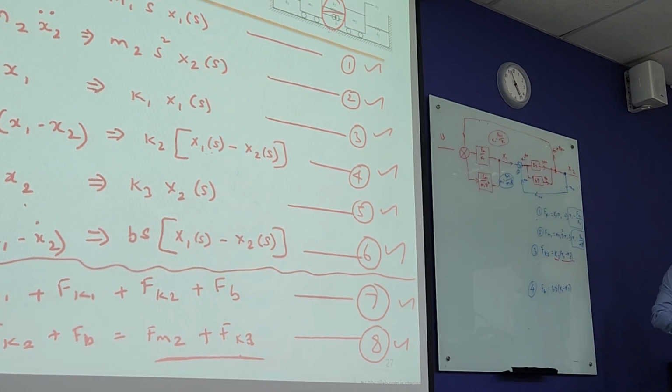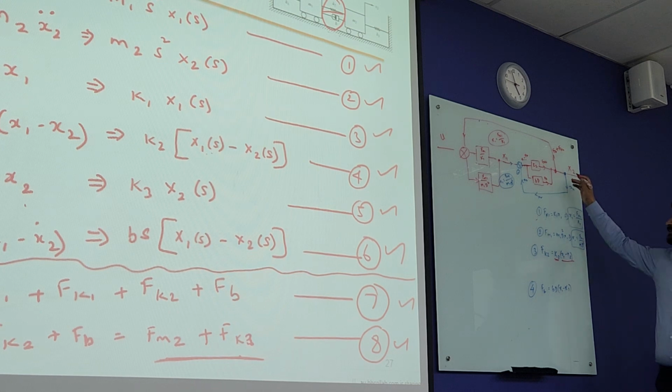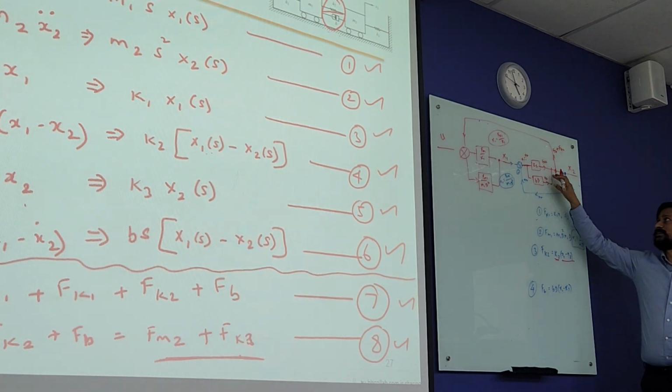I can also do it the other way. I don't need to go through the first equation this way. So you have x1, multiply with k, and we get fk. Yes, you can do it the other way also. Is there any question on this part?